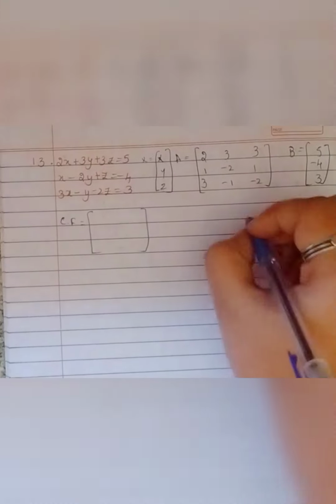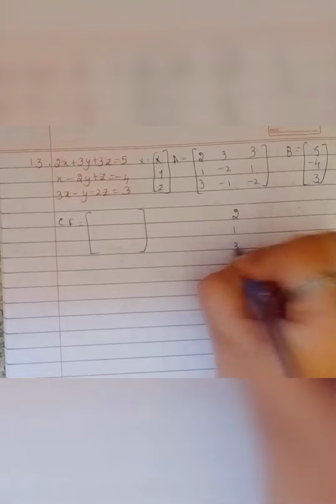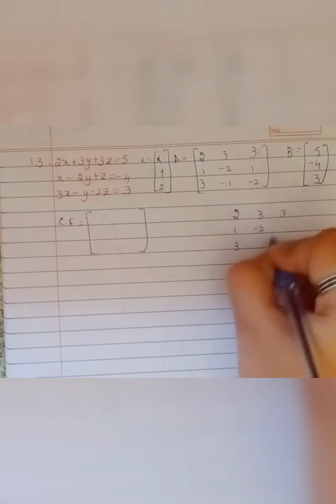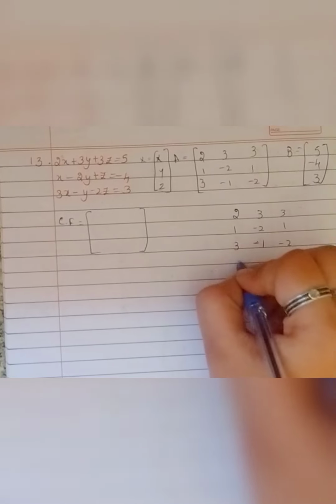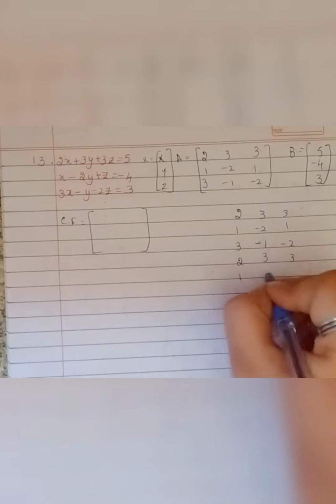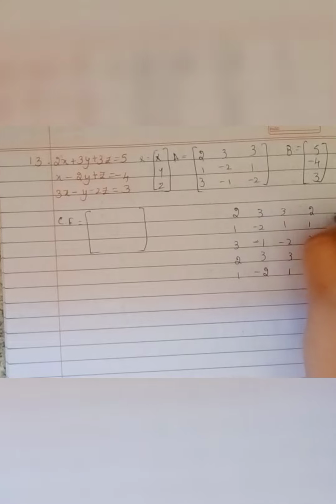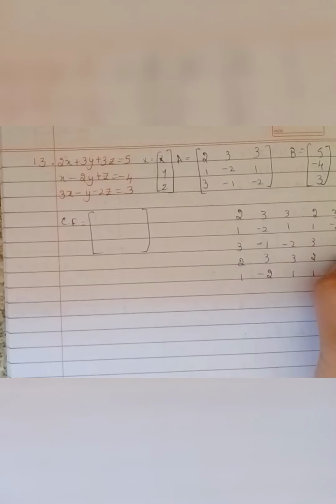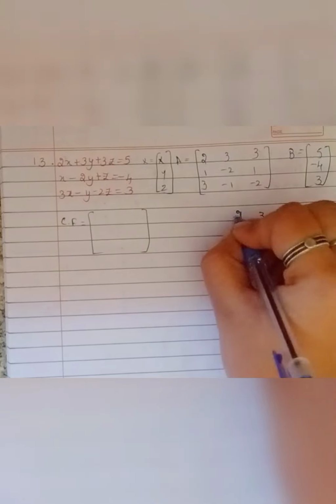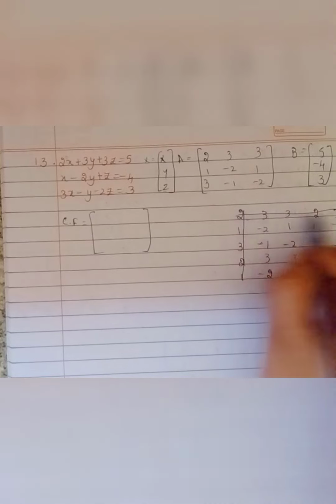So cofactor first we have to find. To find the cofactor, we write the minors, deleting the row and column each time.